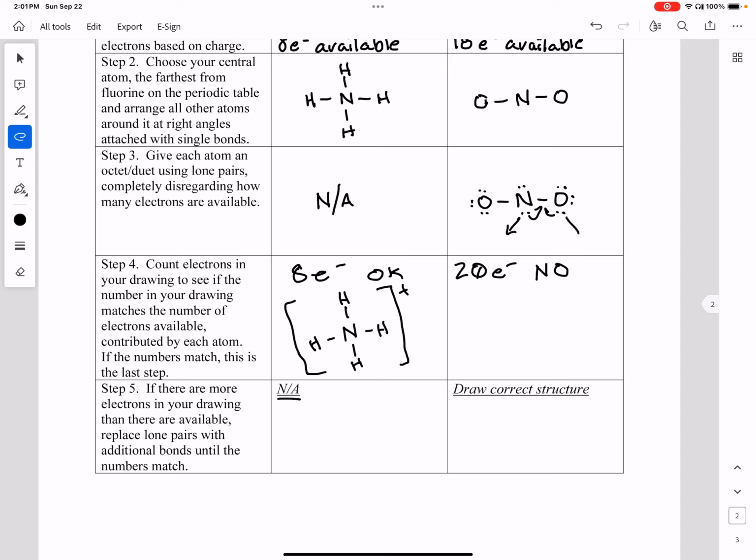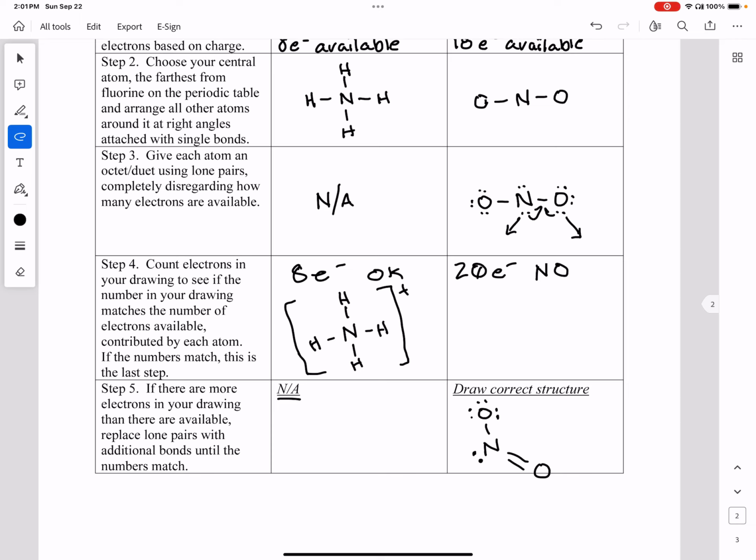Those 2 are going away. And then we have one double bonded O and 2 lone pairs, or 2 electrons, 1 lone pair on the nitrogen.